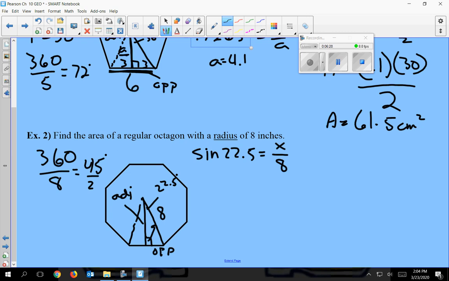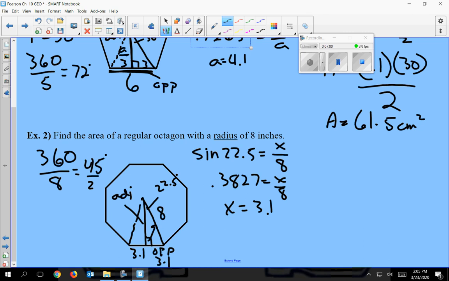You know, I'll keep going. So that's going to give me 0.3827 equals x over 8. Because the number's at the bottom, I can go ahead and multiply that. I'm going to go ahead and get 3.1. Okay, now we have to be careful here. That 3.1 is this, and I need the perimeter, but remember I split this in half, so this is 3.1.